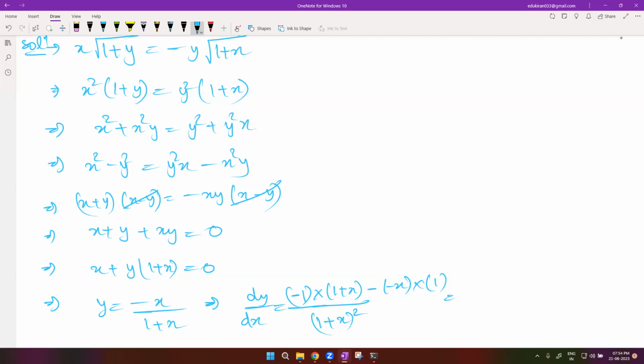So this becomes minus 1 minus x plus x divided by 1 plus x whole square. Minus x plus x gets cancelled out. It becomes minus 1 upon 1 plus x square. So dy by dx is equal to minus 1 upon 1 plus x square.